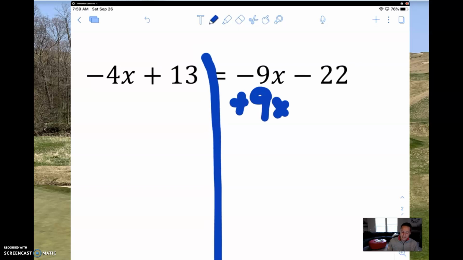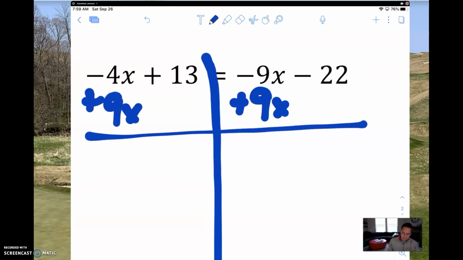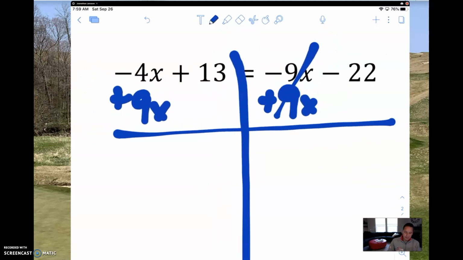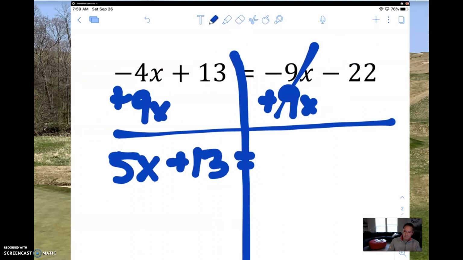We will plus 9x to both sides. And then they go away. If we take negative 4x plus 9x over there, it's going to equal 5x. Drop down the plus 13, and drop down the minus 22.